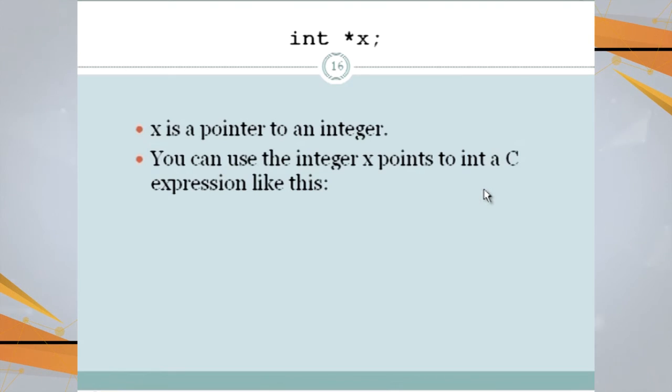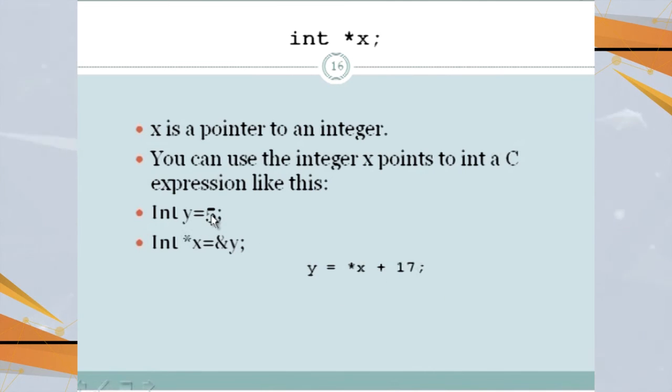x is a pointer to an integer. You can use the integer x points to in a C expression like this: int y = 5; int *x = &y. You may initialize a pointer variable in its declaration as well, as shown in this example. We are declaring the pointer variable and initializing it in its declaration. So here the initial value of y is 5.